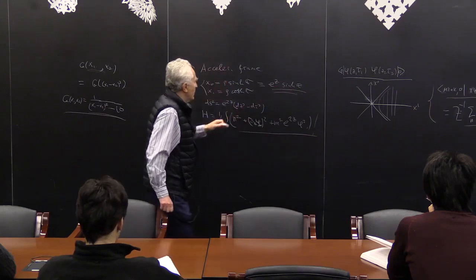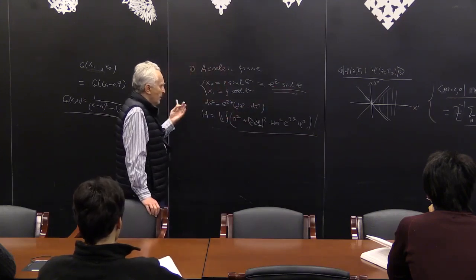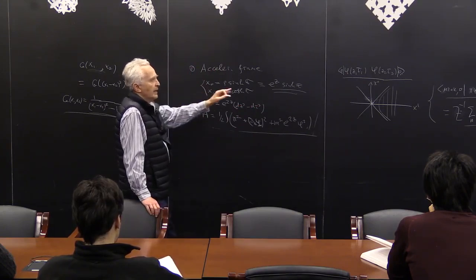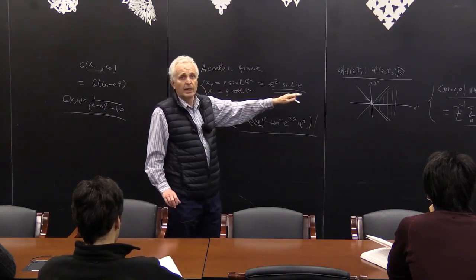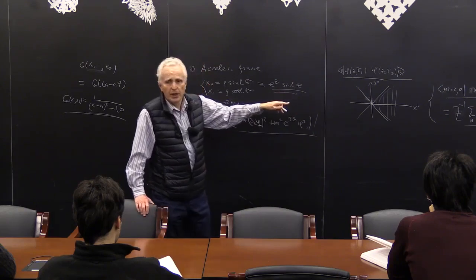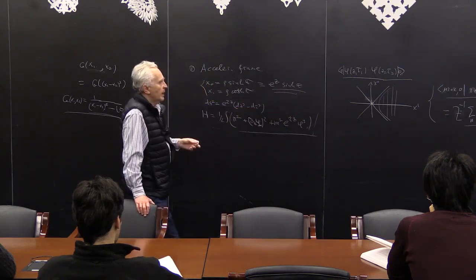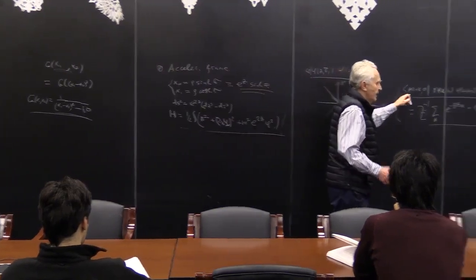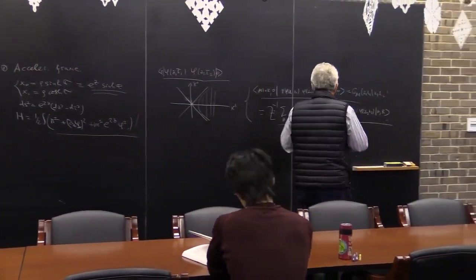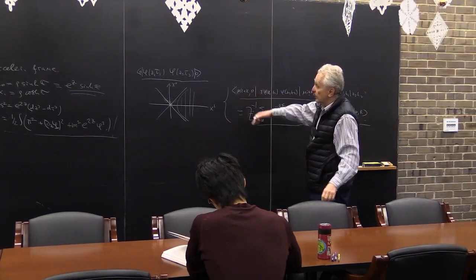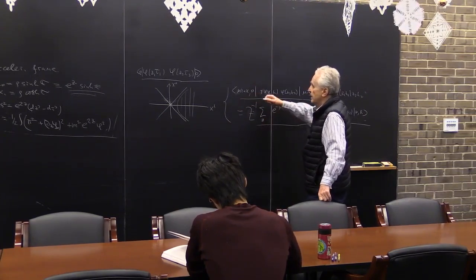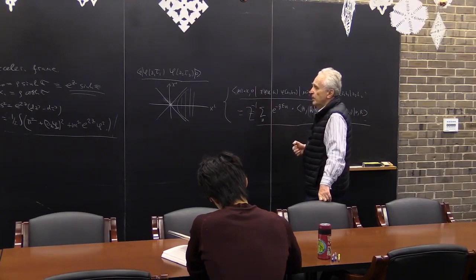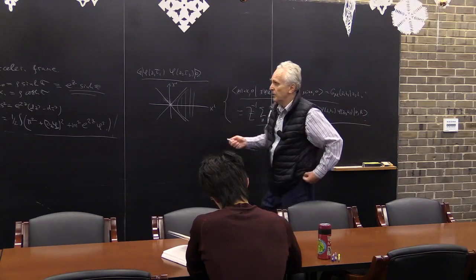But let's first understand why it is obvious, and it doesn't require any calculations to check, that the Green function induced from the Minkowski space is periodic in imaginary time. How do you see this?